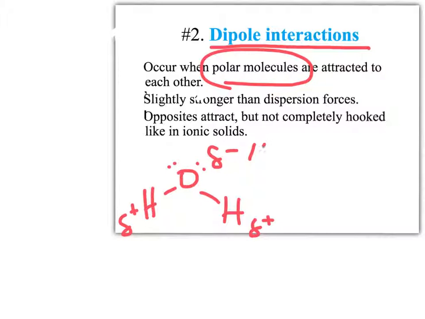That means that when another water molecule is close to it, this slight negative is going to be attracted to the slight positive of this other hydrogen. And this is going to continue in a chain reaction. We see this in all kinds of polar molecules, and this is a little stronger. In fact, this is a bit more likely to make something a solid or a liquid as opposed to a gas.